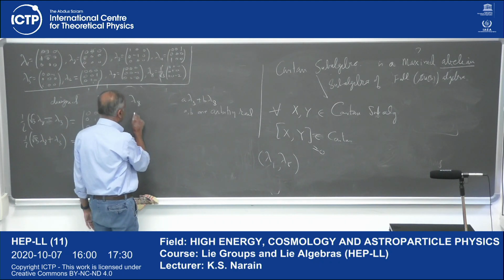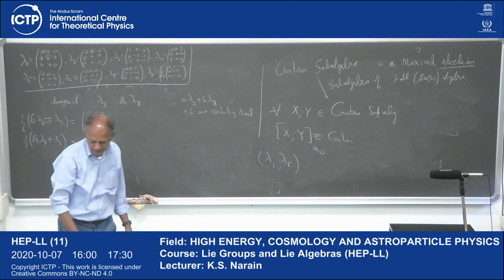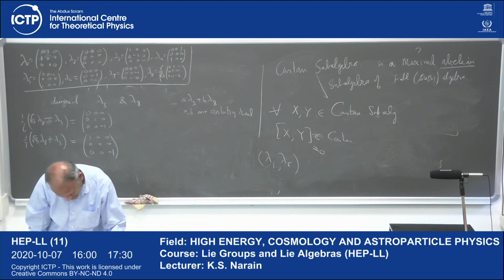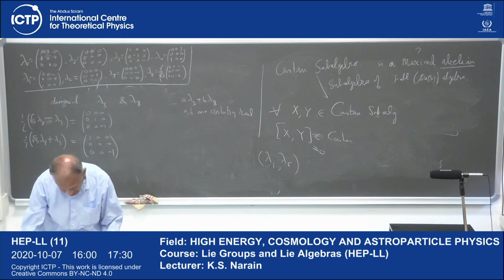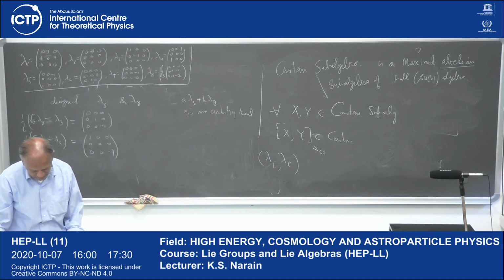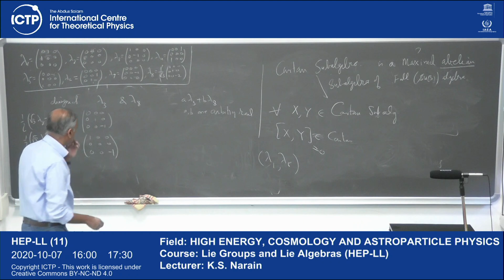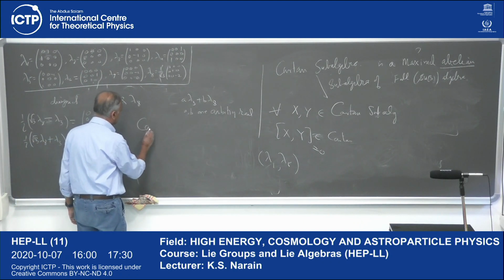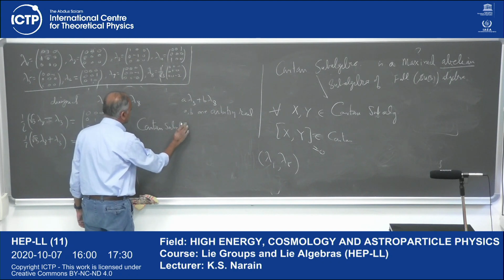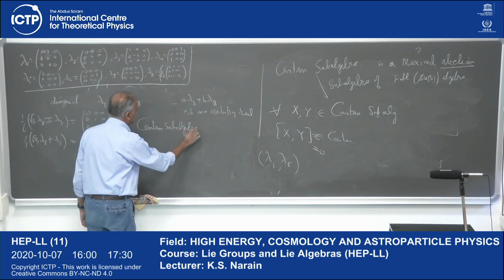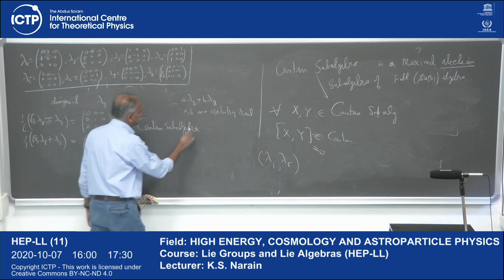We don't have a notation for Cartan subalgebra. All these notations come in the general discussion where we start defining general algebras. So anyway, the Cartan subalgebra is just this, because it's maximal. This is a maximal commuting subalgebra.